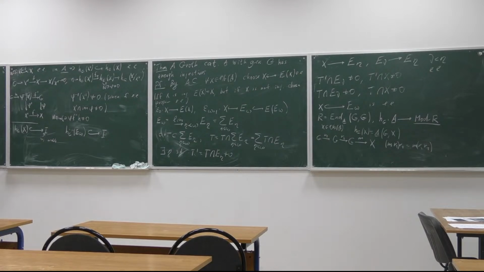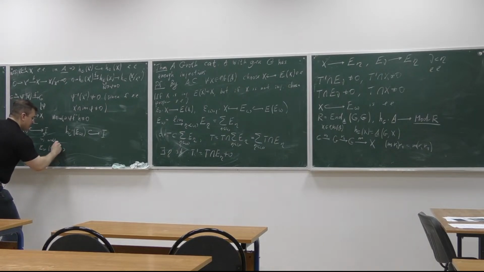So there is something like maximal E omega of the X. But since this is maximal, there are no essential extensions of this object. By what we proved before, it means that this is actually an injective object in the category.